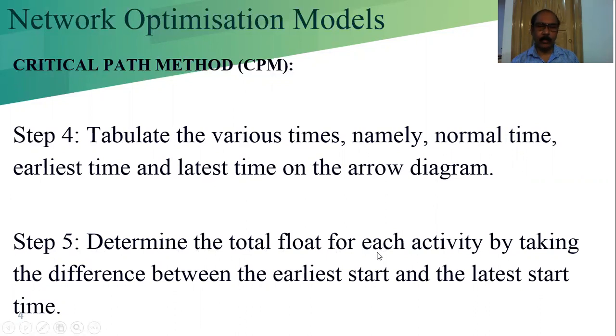Step 5, determine the total float for each activity by taking the difference between the earliest start and the latest start time. Also, we can find the difference between the latest finish and early finish.